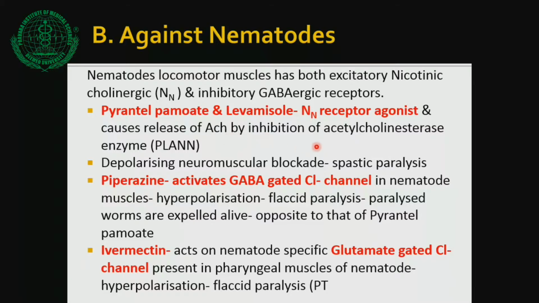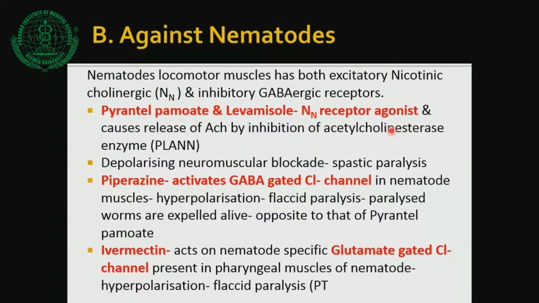Yes, acetylcholinesterase. So they also cause inhibition of the acetylcholinesterase enzyme, because of which there is a release of a lot of acetylcholine, which will cause depolarization, and because of excessive or persistent depolarization, neuromuscular blockade occurs, and that is called spastic paralysis.